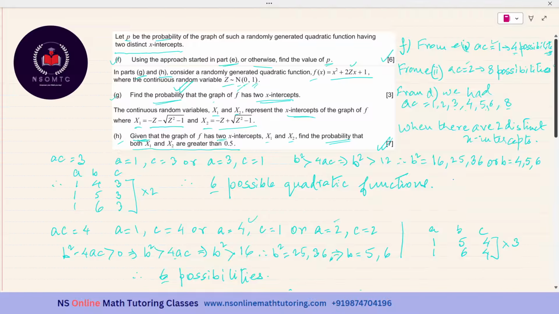Don't get confused by looking at these two. Many students will be getting confused by this. Oh my goodness, how did this standardized normal distribution variable get introduced into this quadratic function?